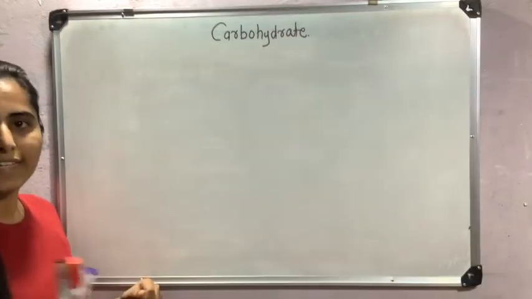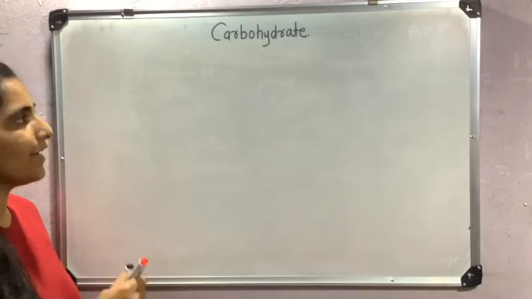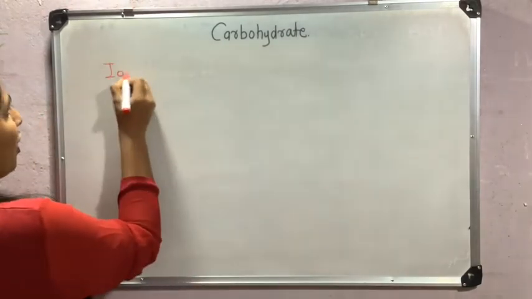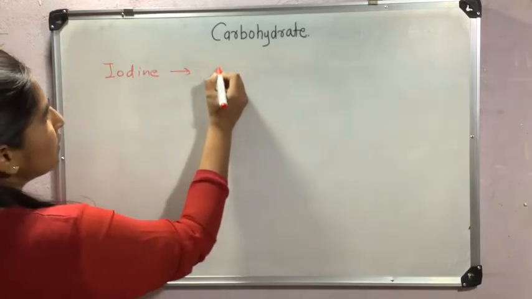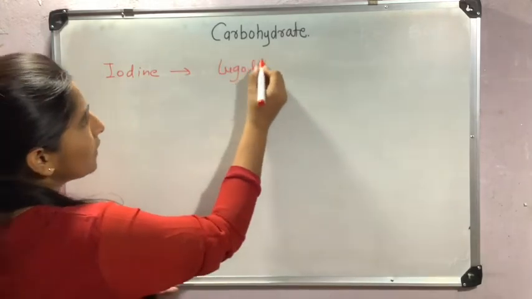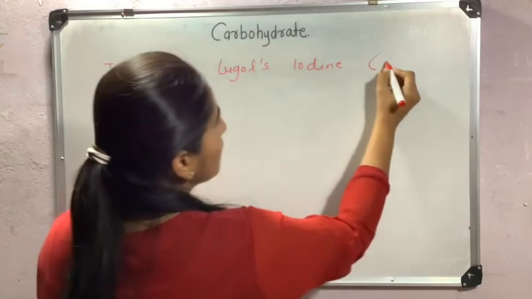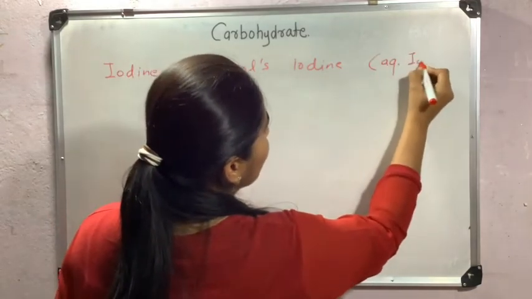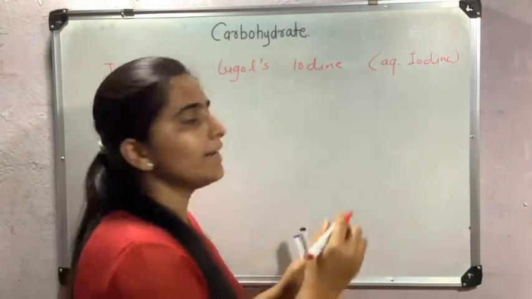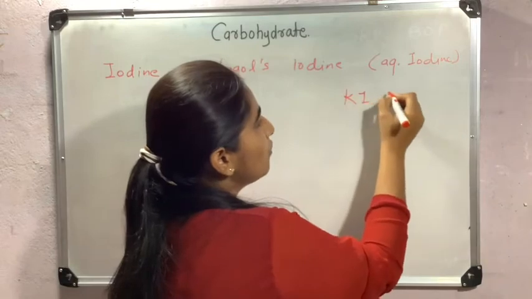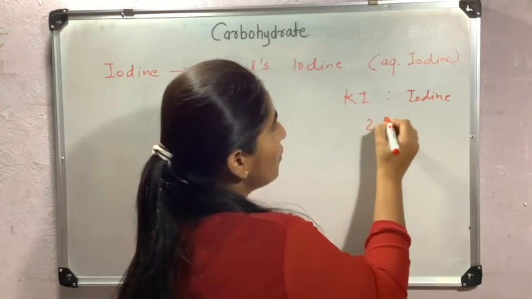And the last test used for identification of starch or carbohydrate is the iodine test. We all know the iodine test. The reagent is Lugol's iodine, or aqueous iodine, which is made up of potassium iodide and iodine in 2:1 proportion.